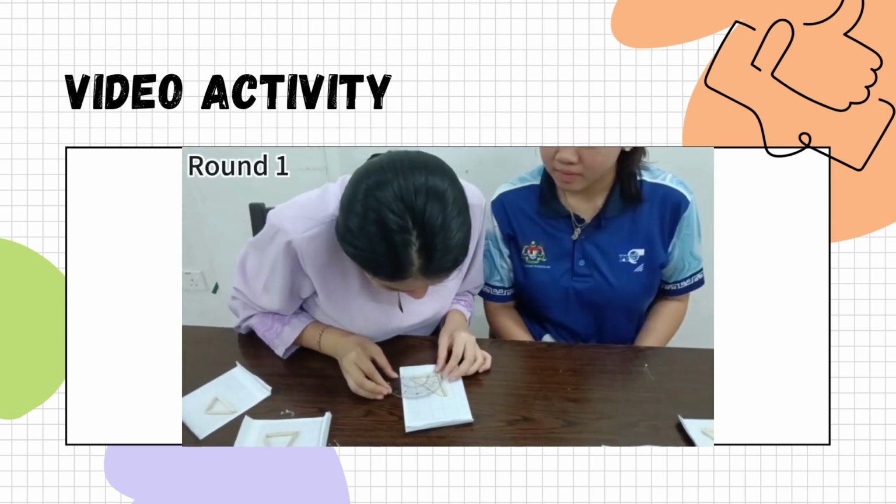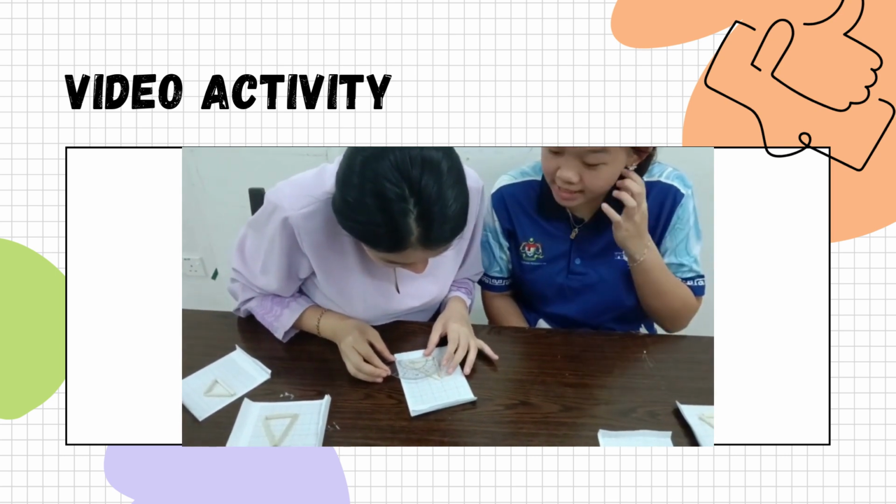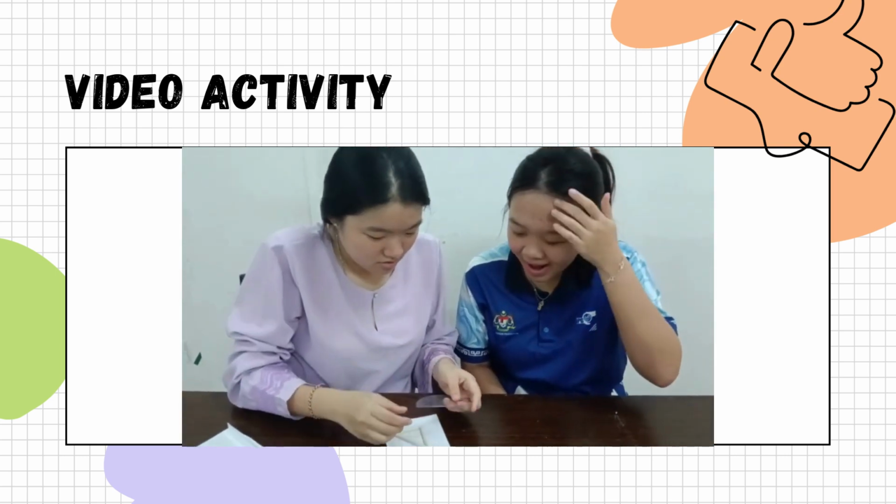It is 45 degrees. So this is a right angle triangle. Wow, smart.